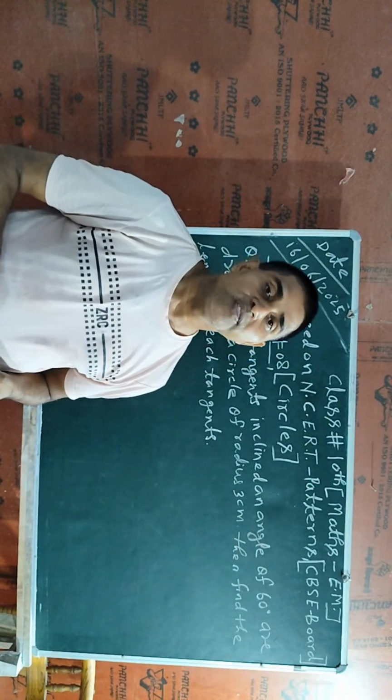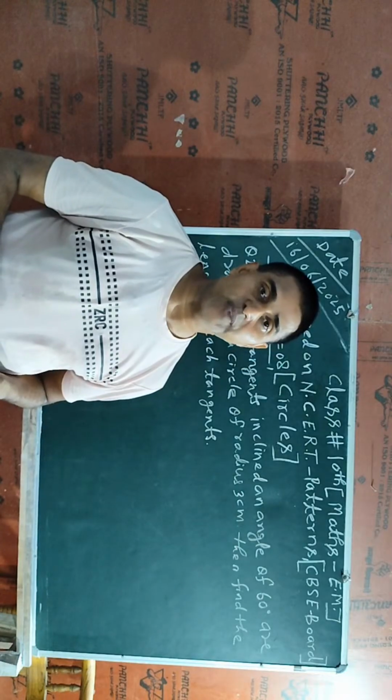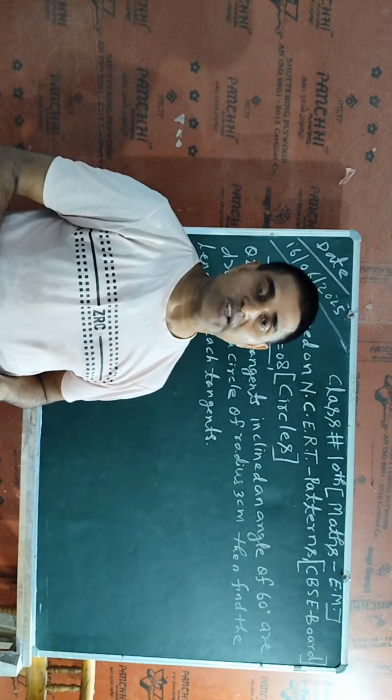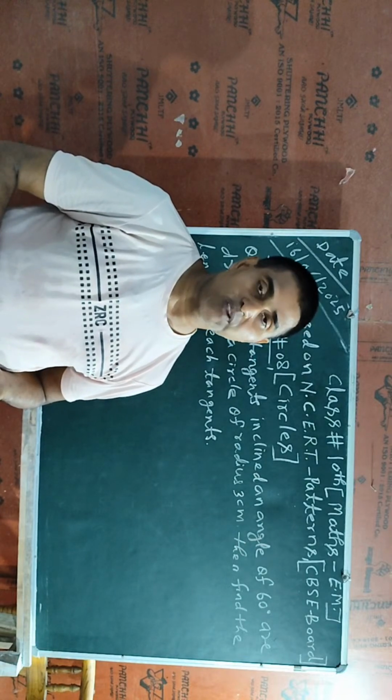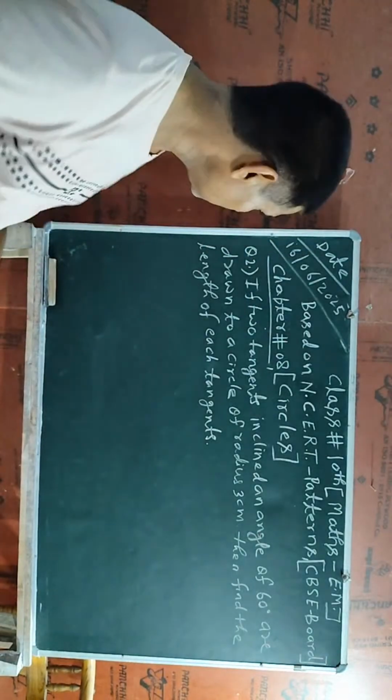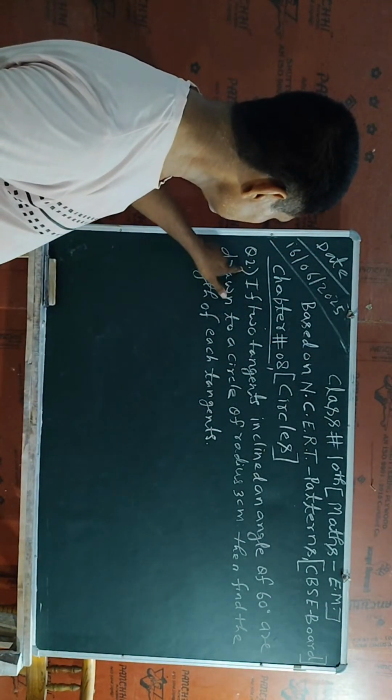Now here we are going to explain the concept of triangle and also the concept of tangent, and then I will solve its question. First of all I will explain the question. This is question number 2.